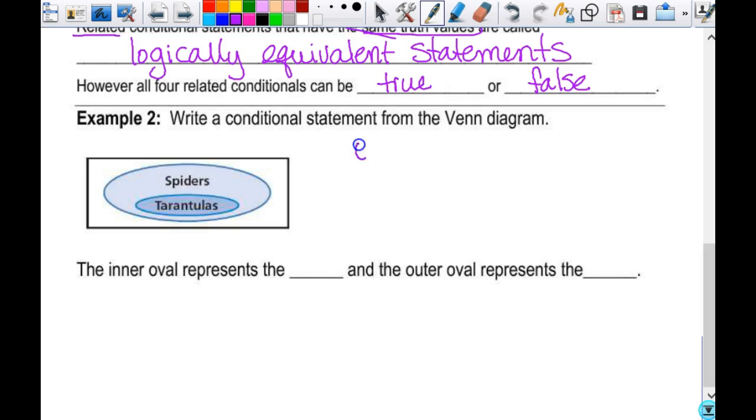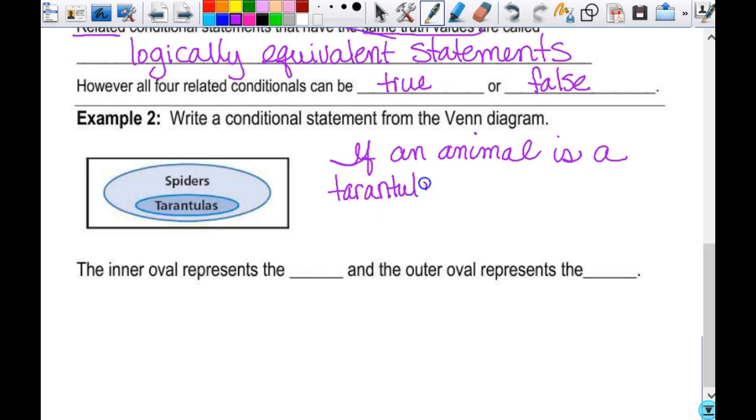Okay, if an animal is, and it is an animal, tarantula, lives in the animal kingdom. You can go ask your biology teacher. Okay, if an animal is a tarantula, then it is a spider.